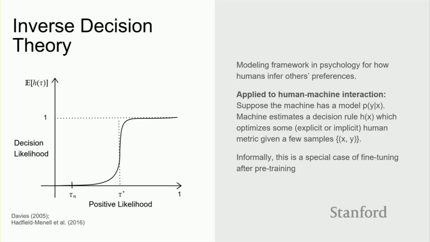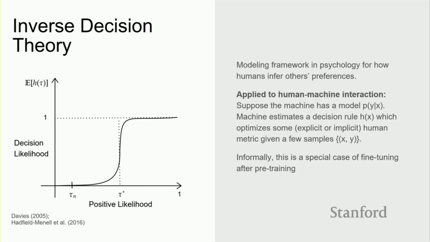It's again in the setting of binary classification problems, and it alludes to a concept in psychology called inverse decision theory, which is a way to frame how we infer other people's preferences, by thinking of their underlying preference problem as matching some underlying. I'm going to do this badly, so I'll actually stop.